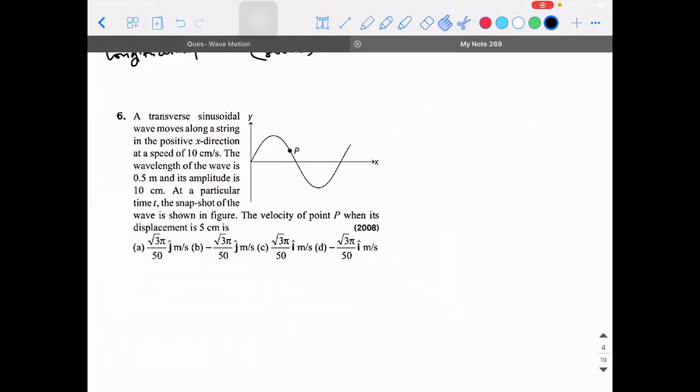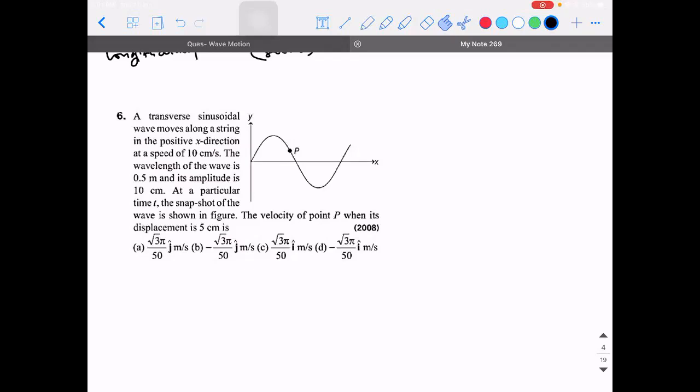So what have they given? They have given some speed, right? Read the question carefully and tell me what that speed represents. Tell me.